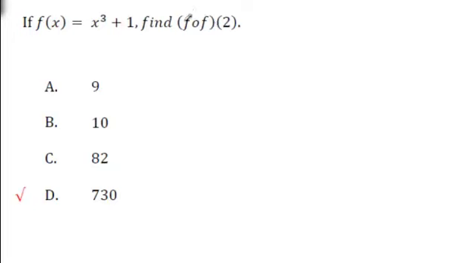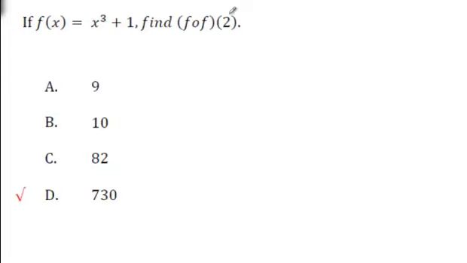Like if they ask you f round f of 2, find f of 2 first and then do f of the answer you get. Or you can find f round f generally, as we saw in the previous exercise, and then replace 2 in the other function, which is more complicated. Easier, start by the number first.